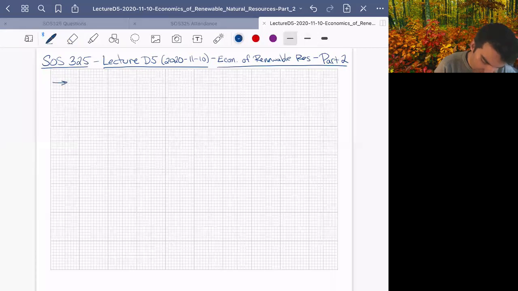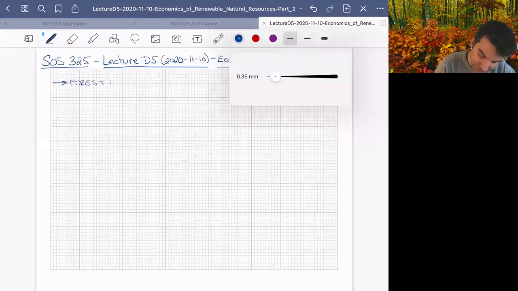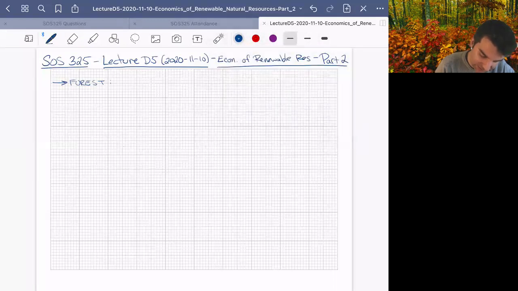And something that I wanted to point out is, if you think about it, a forest is viewed as a collection of stands.